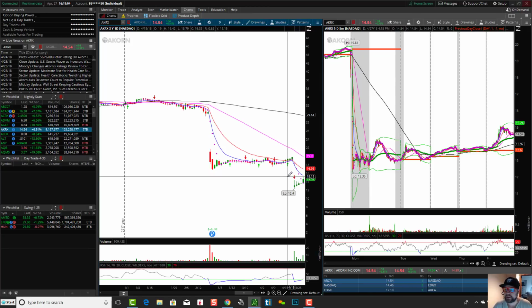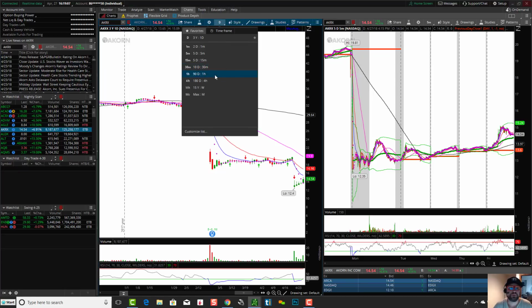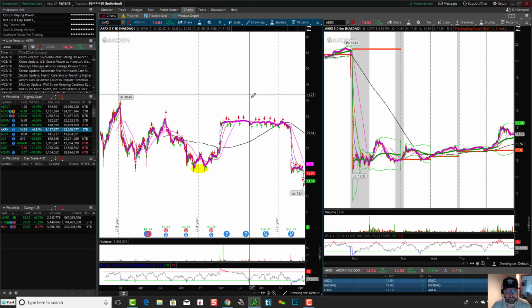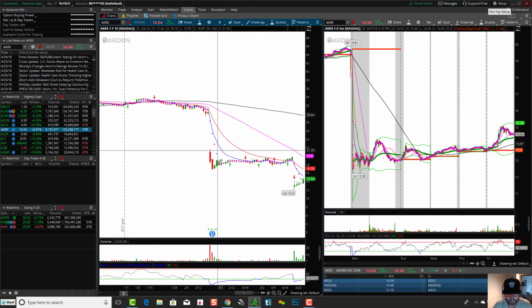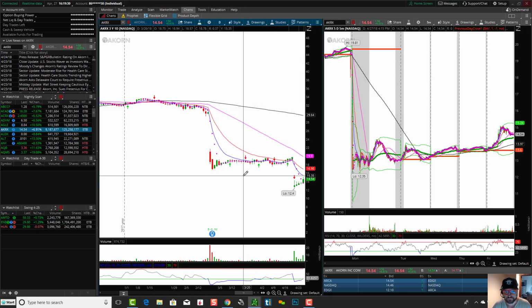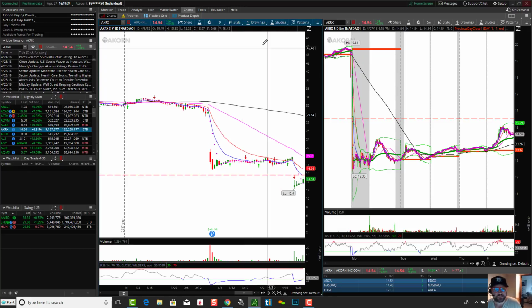Kind of pulled back. Let's look at the hourly. Might potentially be bull flagging there. Let's take a look. I see some resistance right at that 1550 area, the 9 EMA. Right around that 1550.